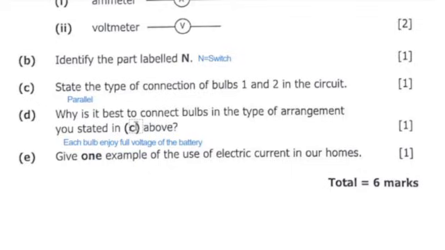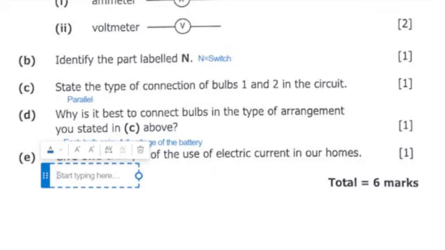So we can say, one, to play music. If you have got a home theater at home, you are going to connect it to the electric circuit or the source of electric current, and then you start using it.